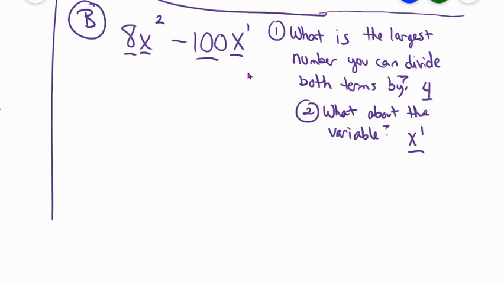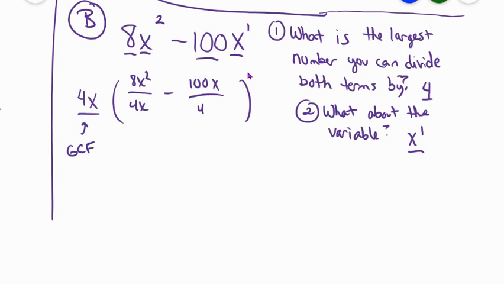So watch the way I set this up. The 4x, since that's your greatest common factor, is going to go on the outside. But then on the inside, you have to divide each of these terms by 4x. If you multiply by 4x and divide by 4x, are you really changing the value of the original expression?